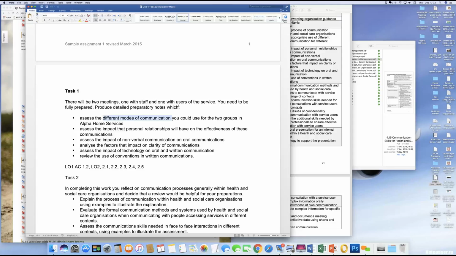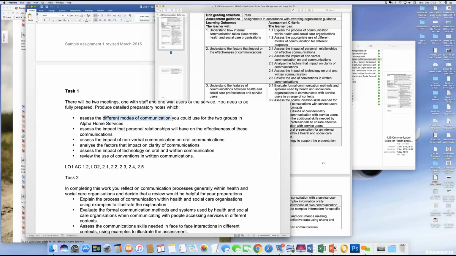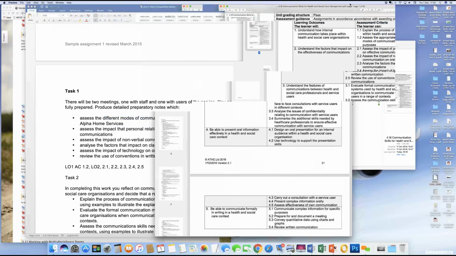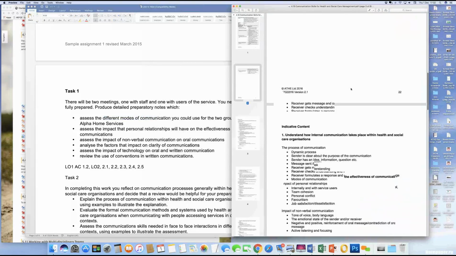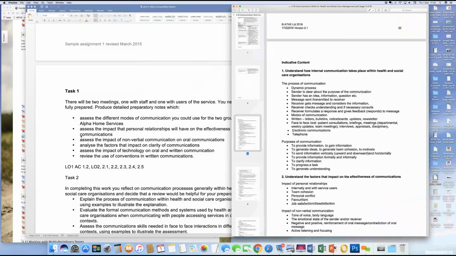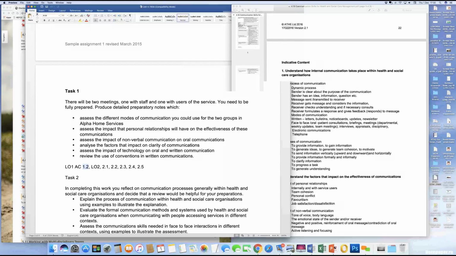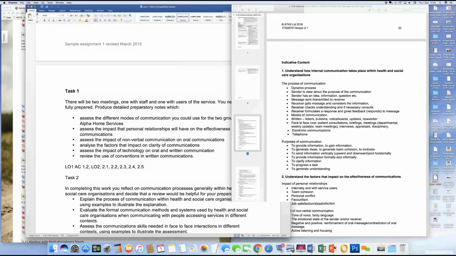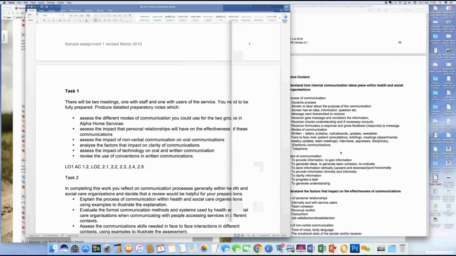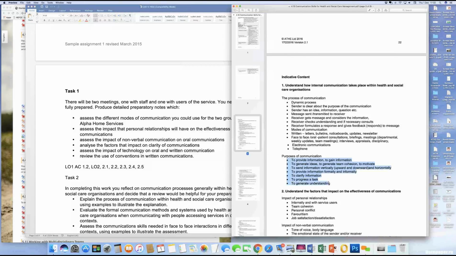So I would go into the spreadsheet, right? And because the first bullet point corresponds to task 1.2 or assessment criteria 1.2, if I look at the indicative content under 1, modes of communication, these are the modes of communication that we have to look at covering. Do you get it? Yes.